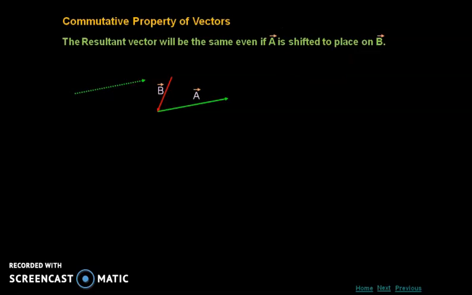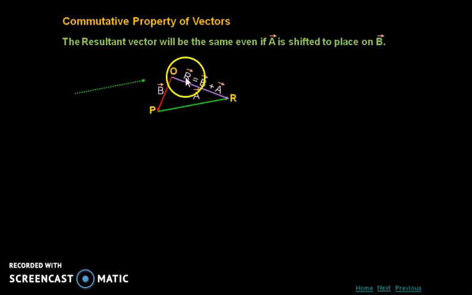So this point is joining with this point. This vector will represent your resultant vector. Now you can see this is OPR. OP is your first vector, PR is your second vector, and the resultant is given from the tail of the first vector to the head of the second vector.